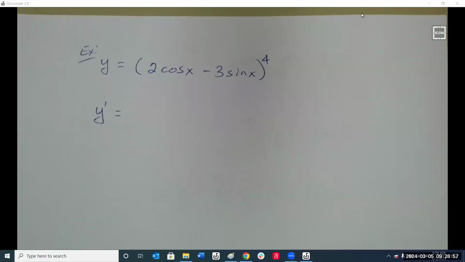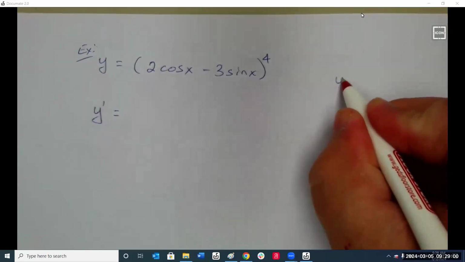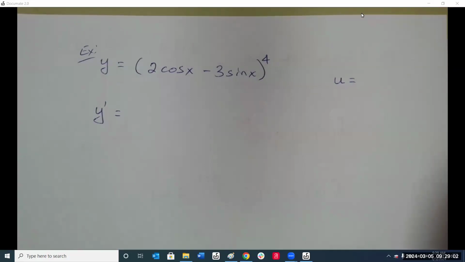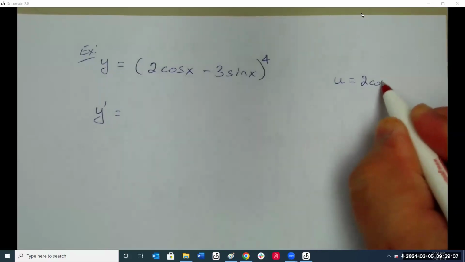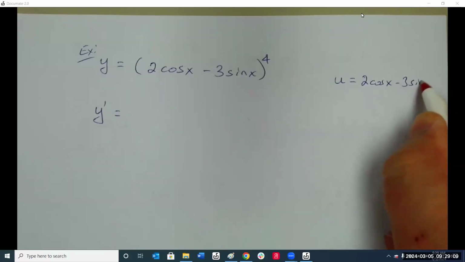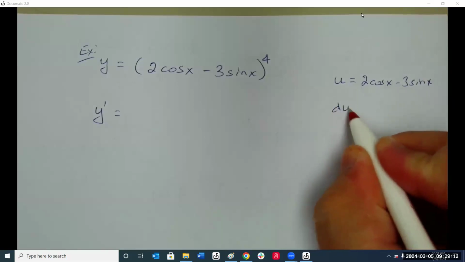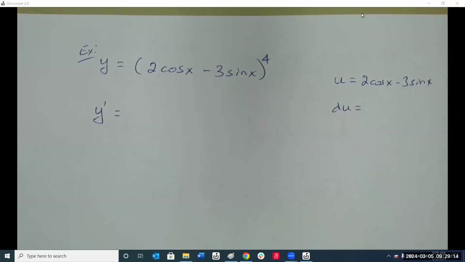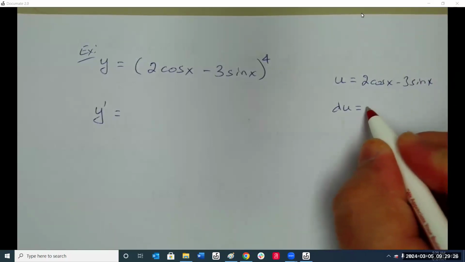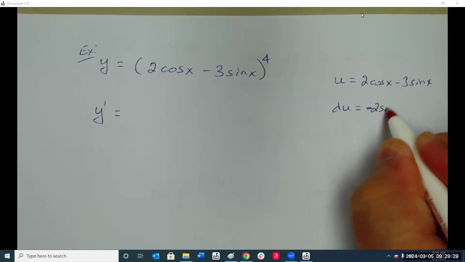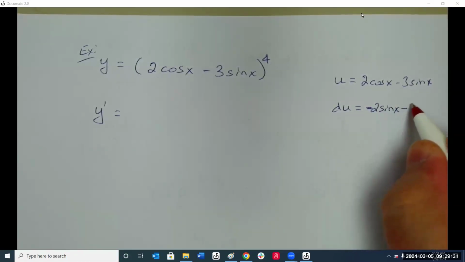Using it though. For example, what would u be? Yeah, it's what's inside the parentheses. 2 cosine x minus 3 sine x. So what would du be? The derivative of cosine is what? Negative sine, so it's negative 2 sine x minus 3.